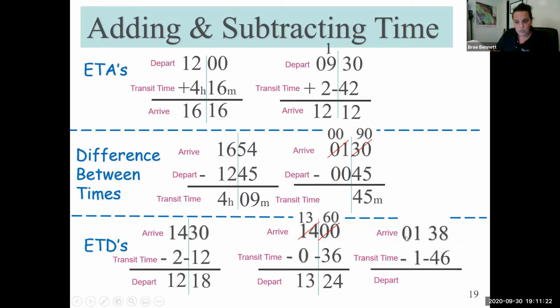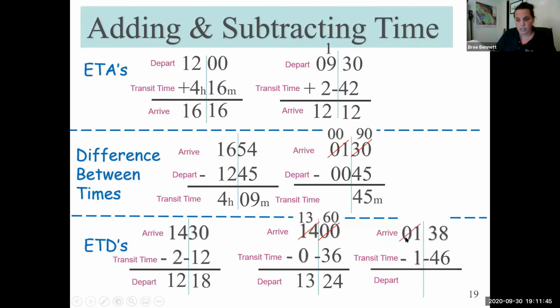Now with the next one, we wanted to arrive at 01:38 and it took us 1 hour and 46 minutes. We can't subtract 46 from 38. My numbers are all mixed up.